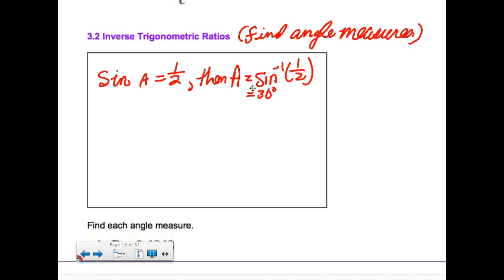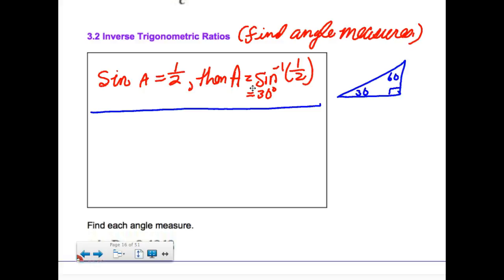Let's see if that jives here for a second. So just off to the side, we already talked about how on a 30, 60, 90 right triangle, it's all dependent upon the short side. Let's suppose the short side was 1. And we said that the long side is short root 3, so 1 times root 3.